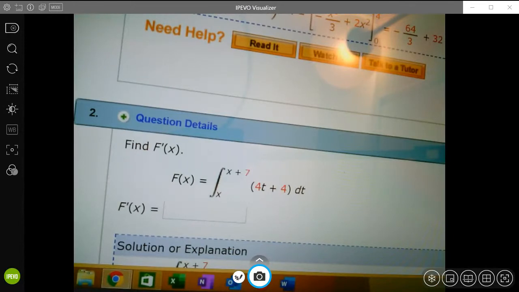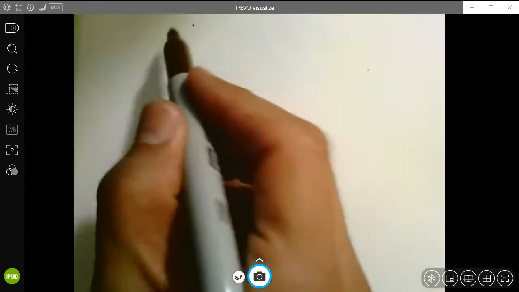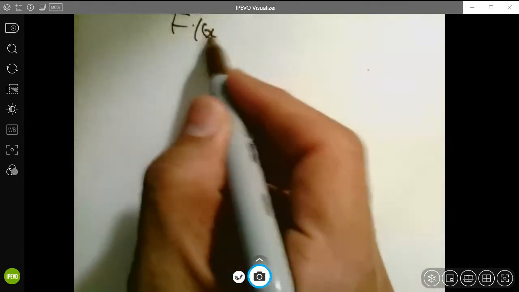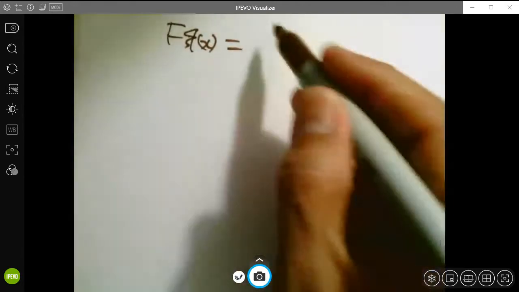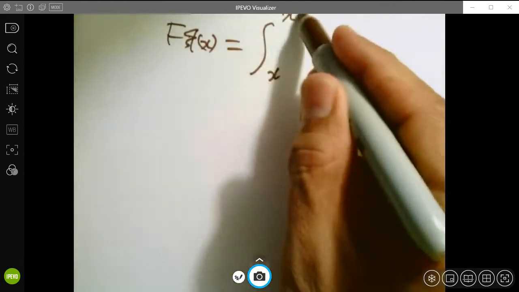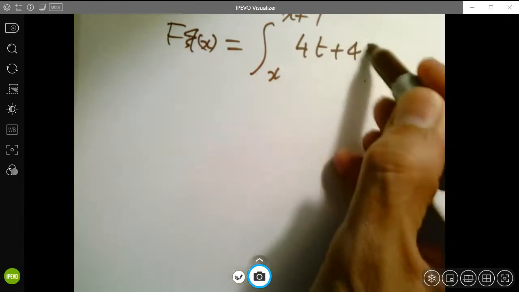But here is another way. I think there is an easier way to do this one. Let me show you. What do we have here? We have f of x equals the integral from x to x plus 7 of 4t plus 4 dt.